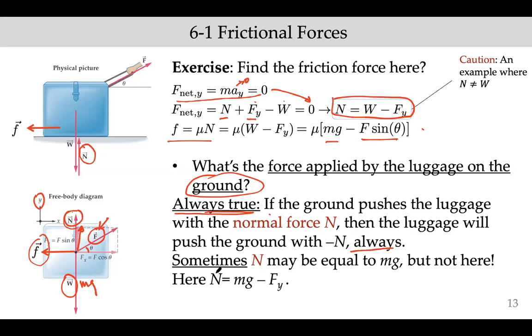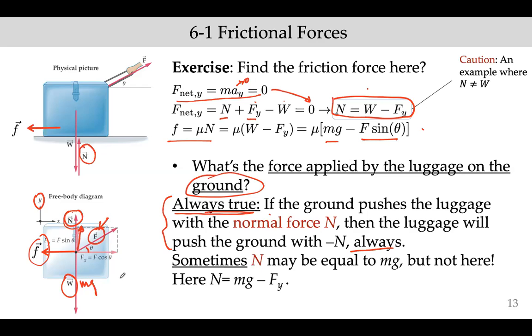As for this statement, it's sometimes true, but not always. Sometimes normal force may be equal to mg, but not in this case. In this case, normal force we calculated to be mg minus Fy. But the first statement here is always true. The object, in this case the luggage, pushes the ground with negative normal force.